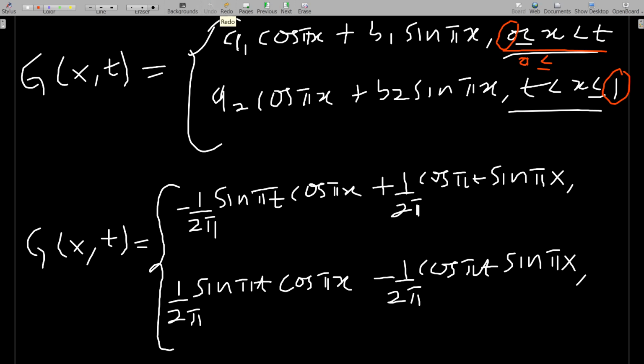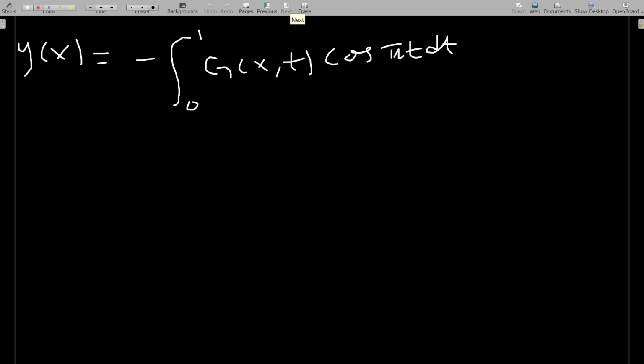All right, so let's go ahead and apply that. Now you are asked to perform this whole integral. So we have y of x is equal to the negative of the integral 0 to 1 of g of x,t, which is broken down into 2, like I said. First we consider from 0 to x, then we consider from x to 1.